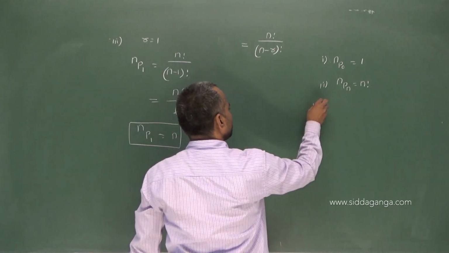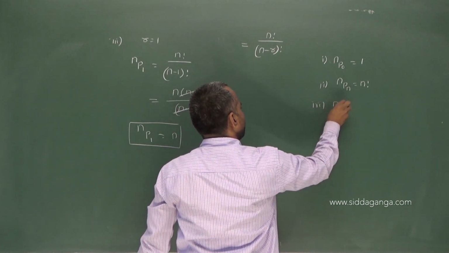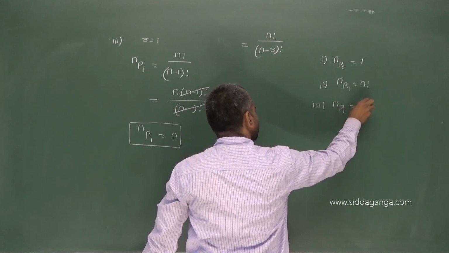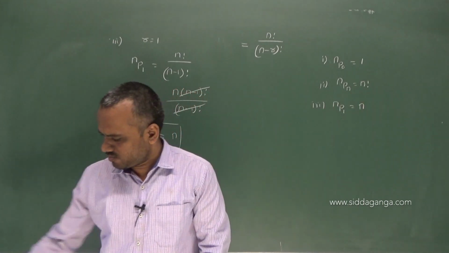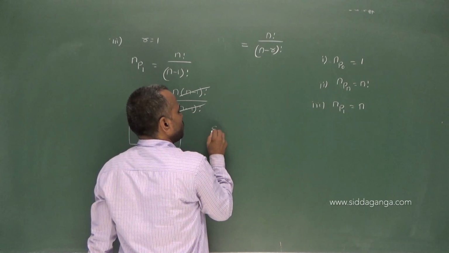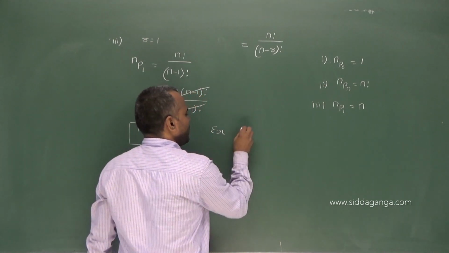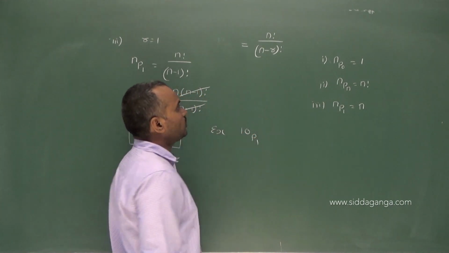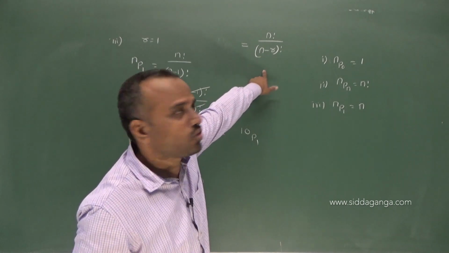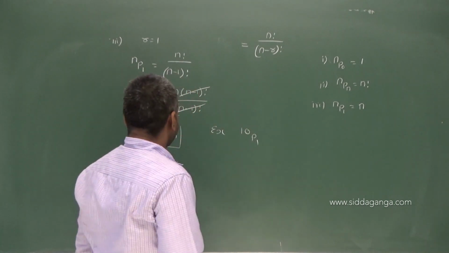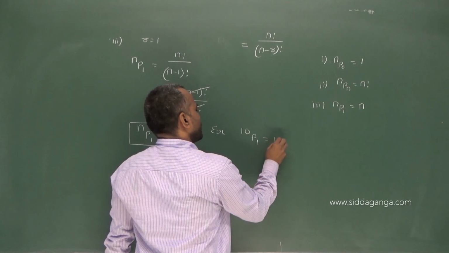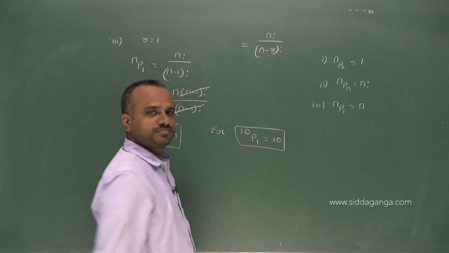Third result: if r is 1, nP1 is just n. Suppose for example I want to calculate 10P1, no need to substitute here. If you know this result, directly we write the answer is 10.